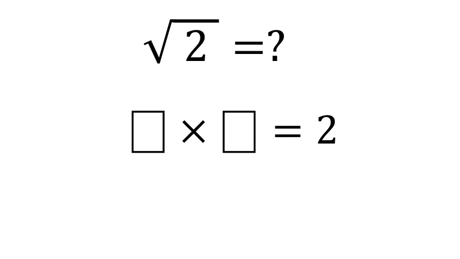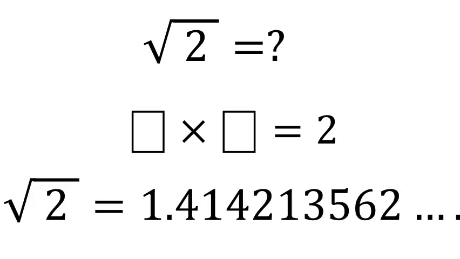It is found. We can find it, but only through a calculator or through complicated multiplications. So radical 2 on the calculator gives you 1.4142135, etc. It is not a simple number.